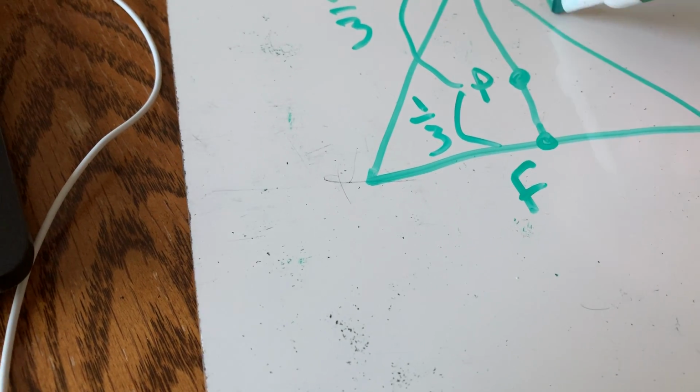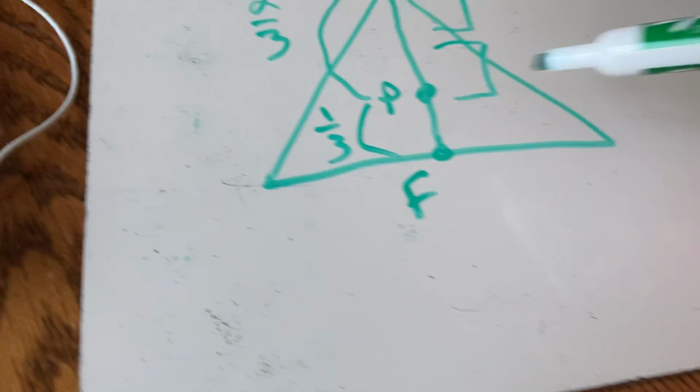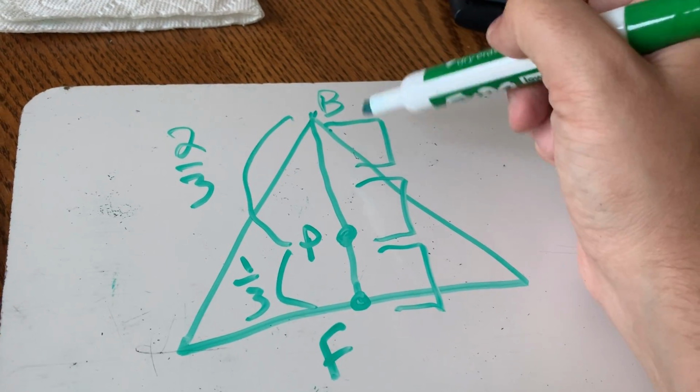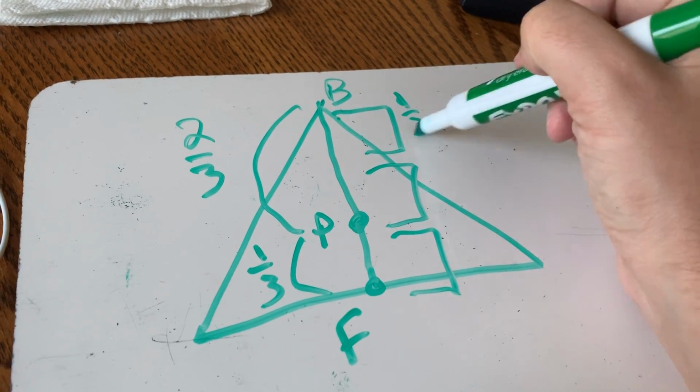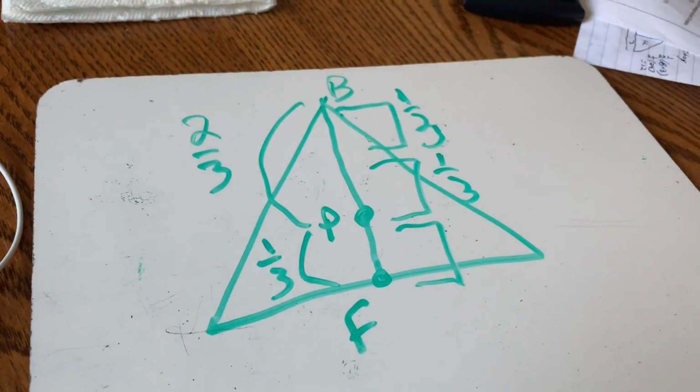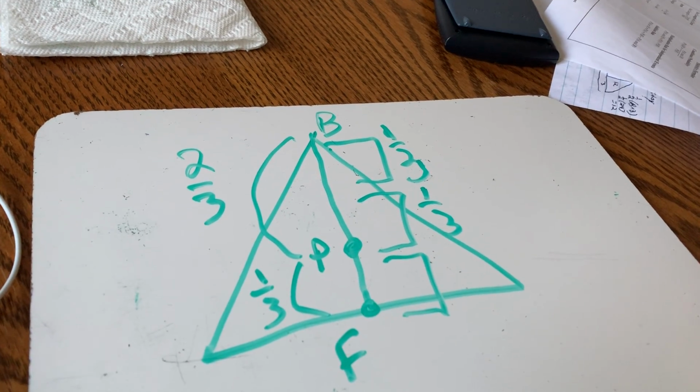And if you needed to, depending on the type of problem you have, you can divide it into 1/3, 1/3, 1/3, because 1/3 and 1/3 still gives me my 2/3, right?